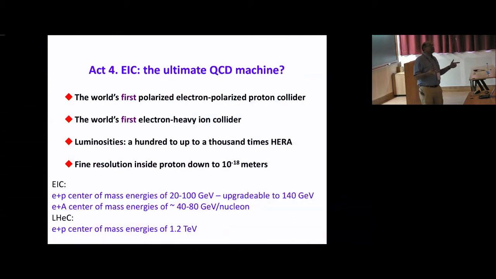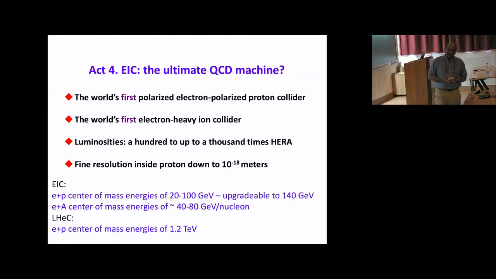There's never been an electron proton polarized collider, so it's going to be the very first. It's going to be the world's very first electron heavy ion collider. We've only had fixed target experiments with very limited lever arm, so we don't even know what the gluon distribution of the nucleus is, like I mentioned. So it's going to be a first for that.